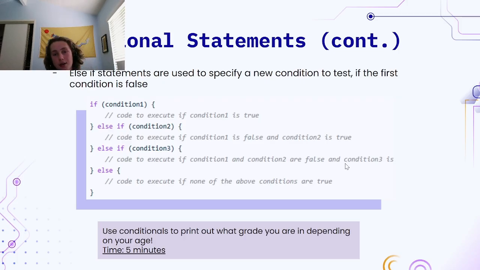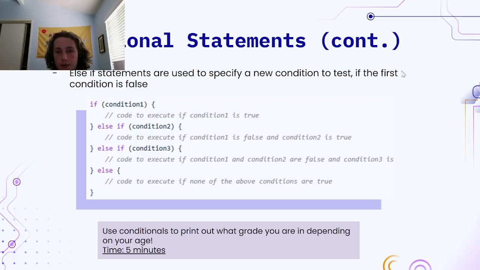So I'm going to want you to, given what I just explained before, the if statement I just put quickly before, print out what grade you're in depending on your age using the if conditionals here. So let's just say you have conditions going down of if your age is 13, if it's 14, if it's 15, if it's 16, if it's 17, if it's 18, although I doubt that.